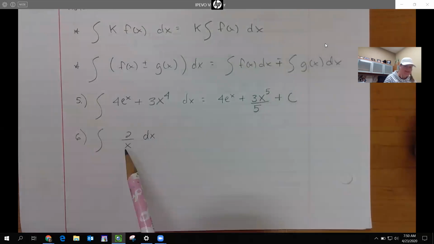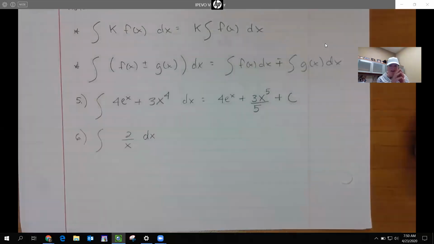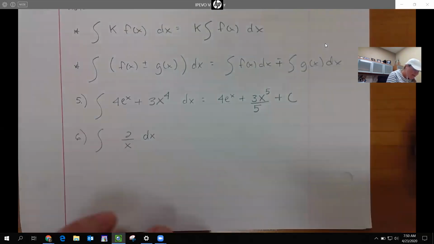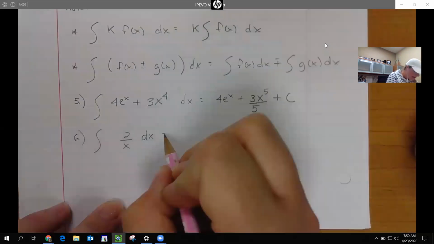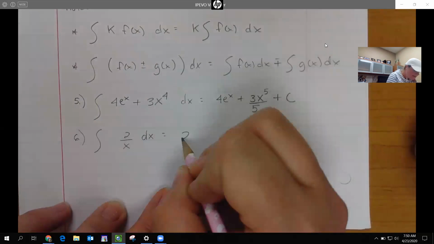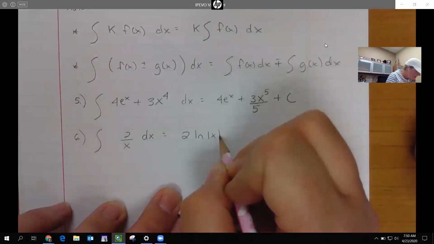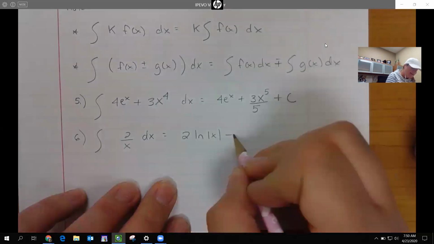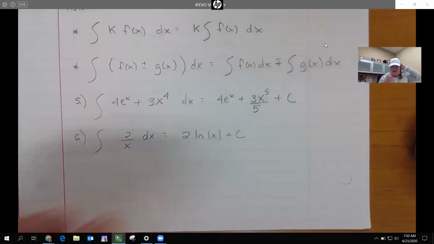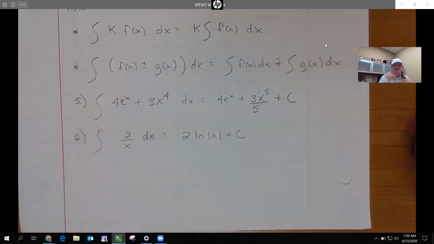If we brought this up and we had that -1, if we add 1, it's going to become 0, so we can't do that. So we're going to use the natural log with the 2 pulled out front. It's going to be the natural log of the absolute value of that x, that denominator, plus c. Okay, so if you have an x in the denominator, it has to become that natural log of that one.